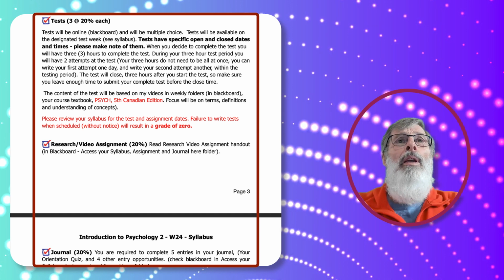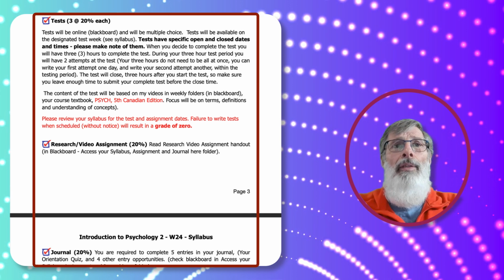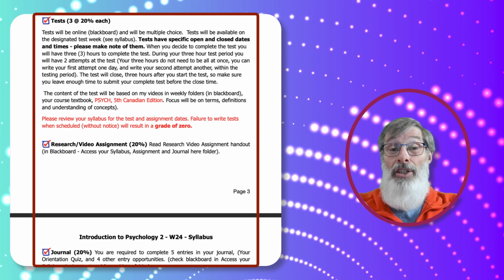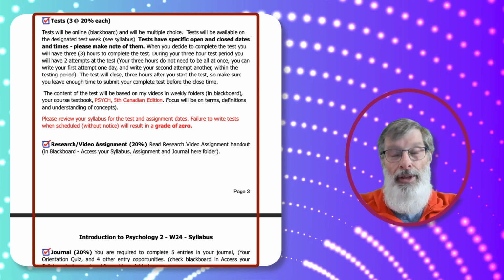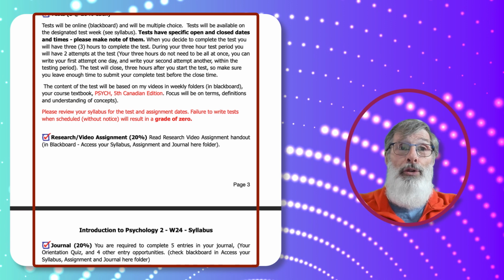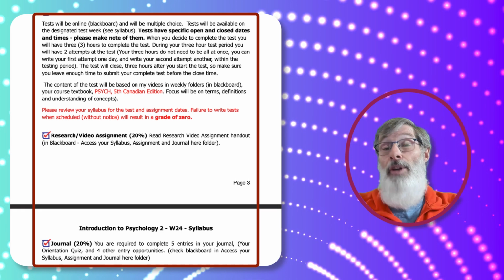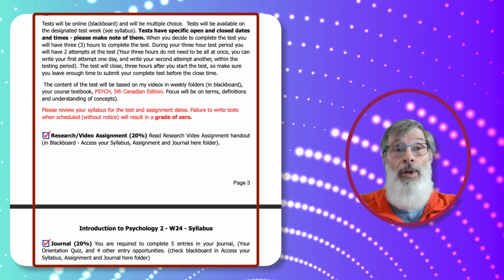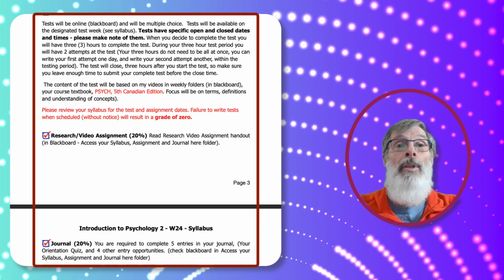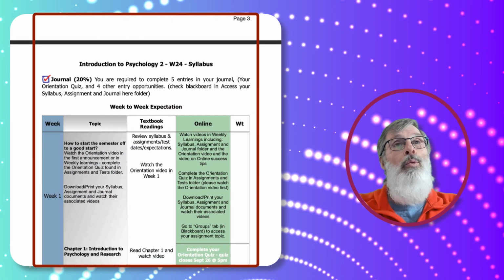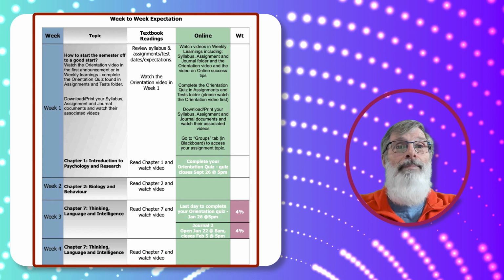All right. The research assignment will be found in the same location as this syllabus, and so will the journal document. Each will come with its own video to help you understand what the expectations are. Then we get to the week-to-week expectations.